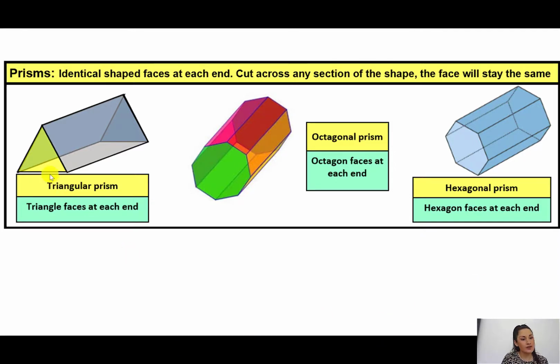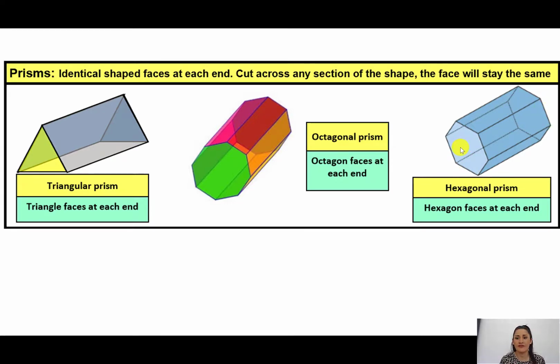So have a look at our triangular prism. It's got a triangular face here and a triangular face at the other end. So it's a triangular prism. The octagonal prism, it's got an octagon face and an octagon face at the other end. The shape faces at each end are the names of the prism. Hexagonal prism has a hexagon that side, hexagon that side.